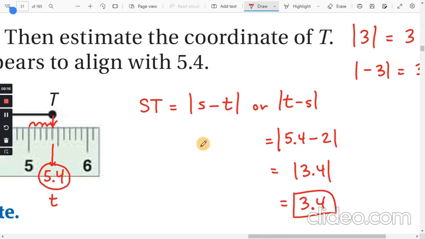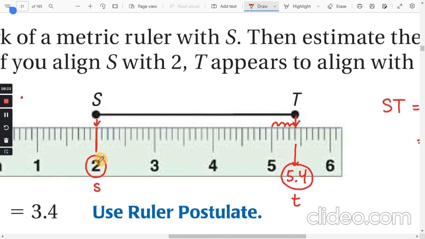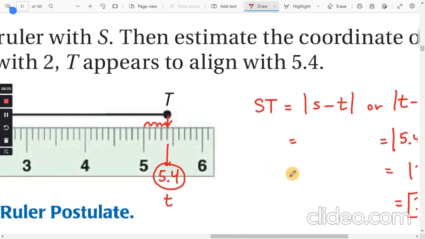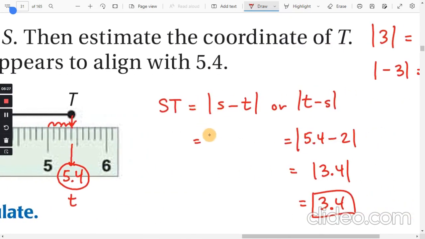All right, and like we said before, if you reverse these numbers, if I did s minus t, I would start with 2 and then minus 5.4. So if I did it backwards, 2 minus 5.4, if you can't do that in your head, do it on the calculator. That would be negative 3.4.